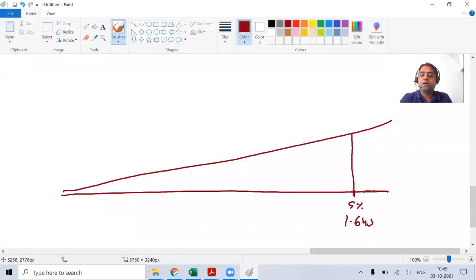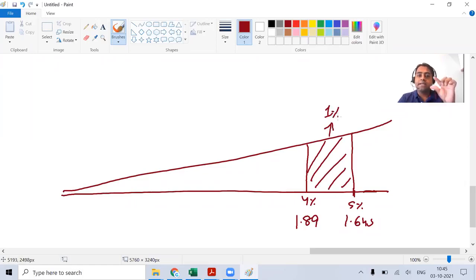Now from here till say 4%, I'm just taking hypothetical numbers over here, say 1.89. Okay, this entire area represents 1%. Now since the tail is getting, this line is going down, you will have to move further to cover that 1%. That means your point is going to move further.